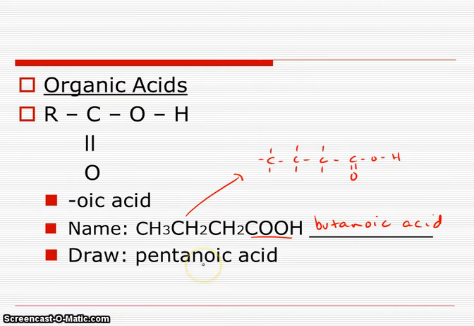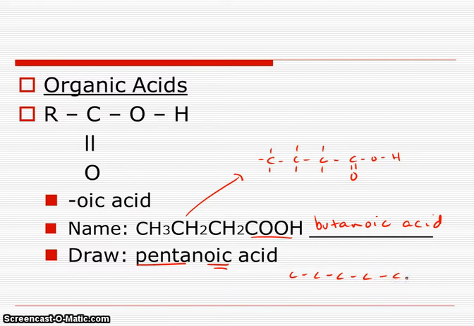So if we go the other way, where we're given the name and we have to write the formula, this tells us that it's an organic acid. So we know that COOH is going to be on the end of the hydrocarbon chain. And the pent tells us we've got 5 carbons in the chain. So 1, 2, 3, 4, 5.